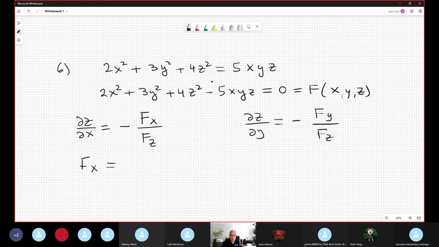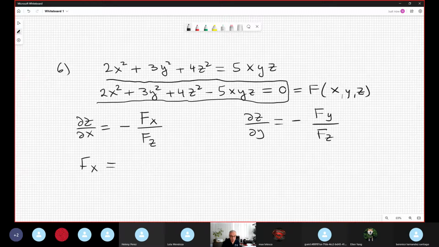Fx: I come back to the original equation in implicit form, and you differentiate with respect to x. It is obvious that it is 4x minus 5yz. Boom. Cool. Because the only terms that contain x are the first and the last, and the others are considered constant.